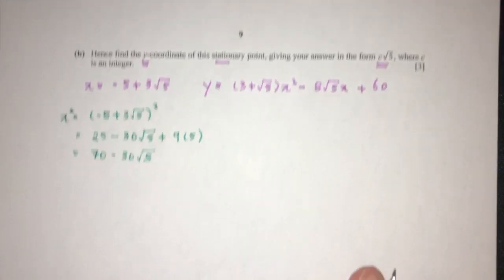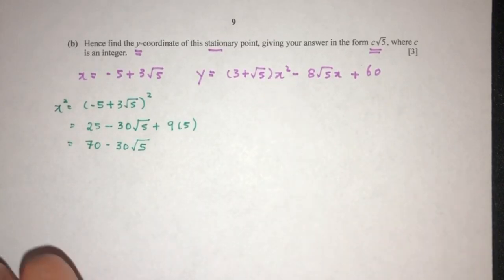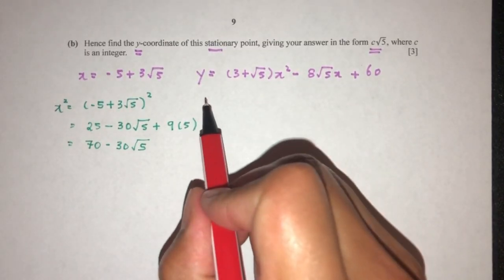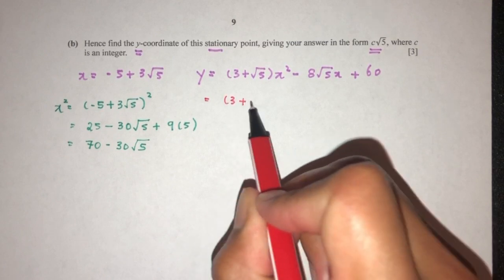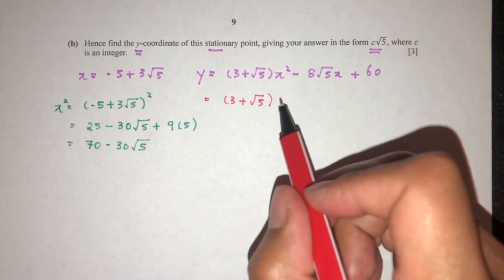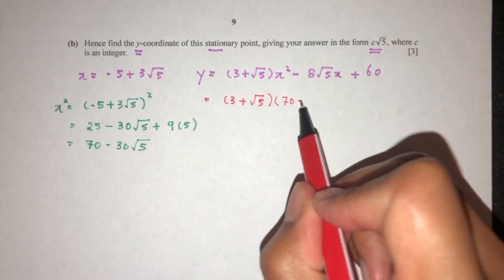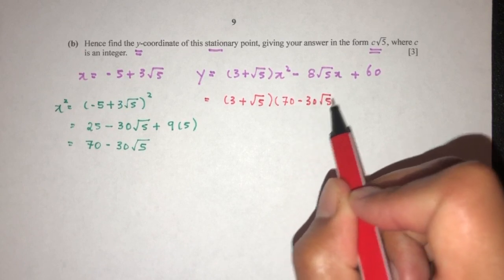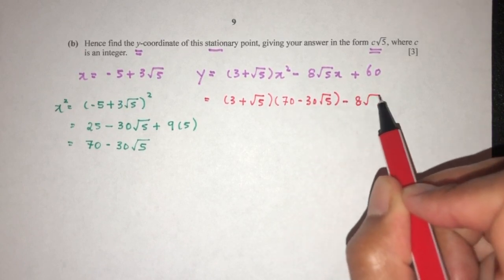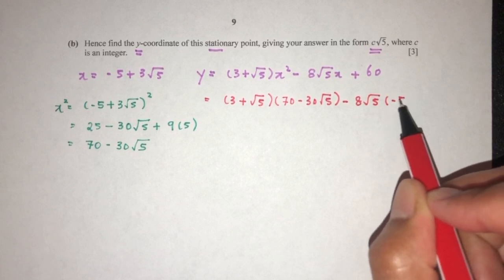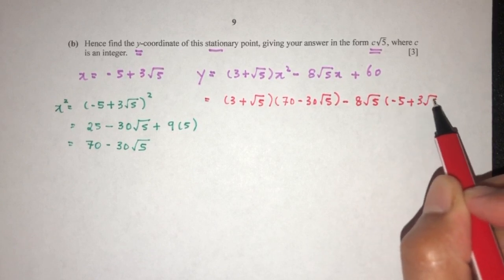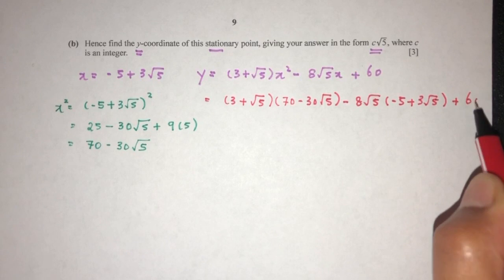That is x squared. So we have to replace. So now y will become (3 plus root 5) times (70 minus 30 root 5), now minus 8 root 5 times x, x is minus 5 plus 3 root 5, and plus 60.